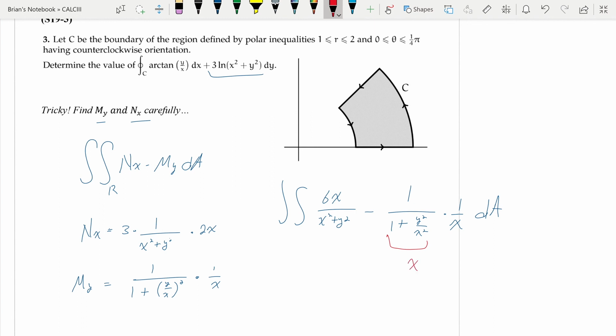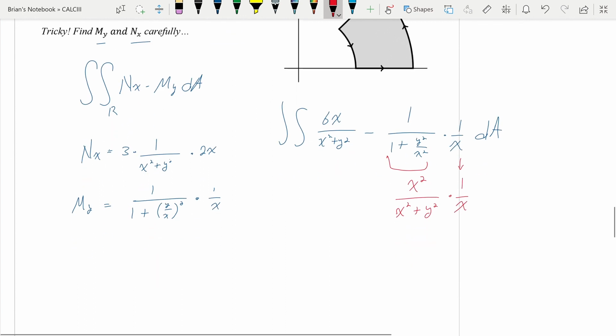So I'll put basically everything in terms of x squared, and that will eliminate the x squared in the denominator. And boom, we have an x squared plus y squared in that denominator. And then we still have our 1 over x. That doesn't change. Which then brings us to x over x squared plus y squared.